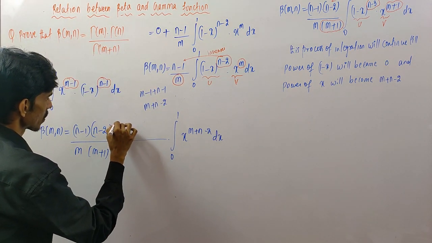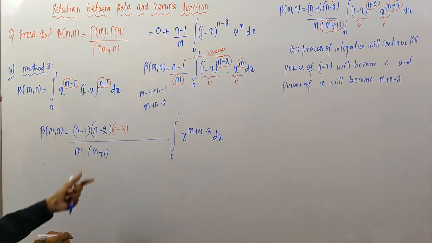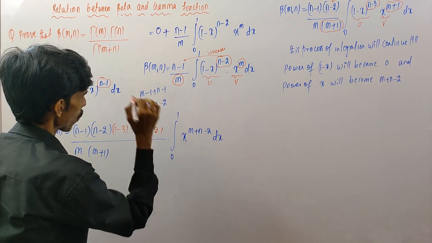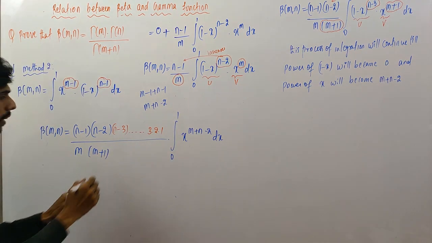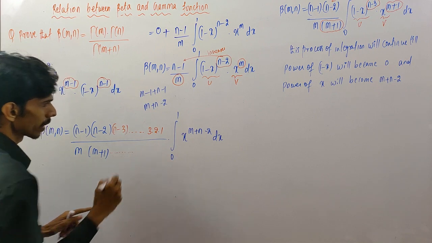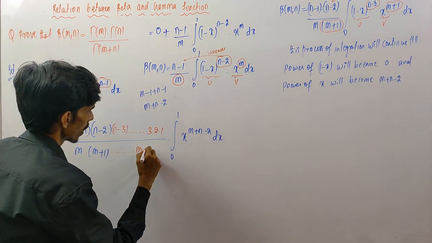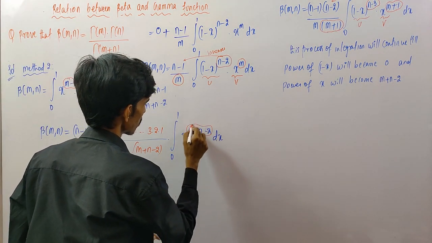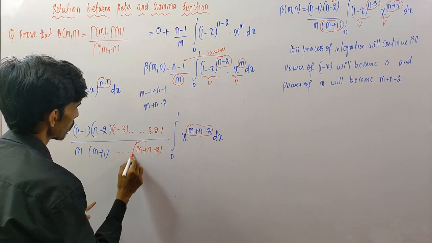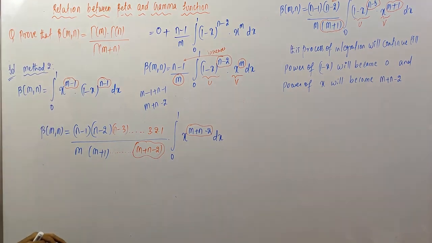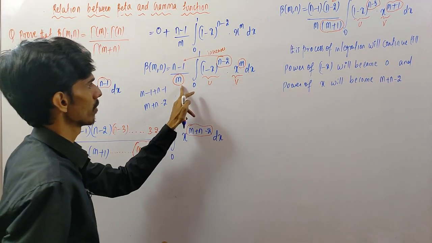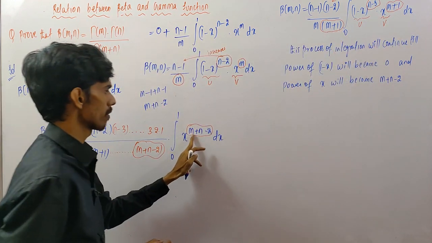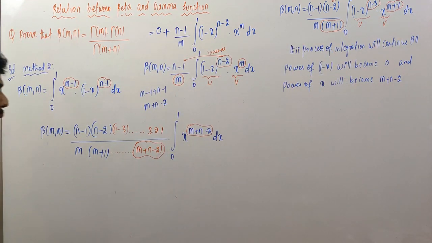Next will be n minus 3. This term will reduce, n minus 3 like that. Last 3, 2, 1, and this will increase. This term will increase till m plus n minus 2. Here we have m plus n minus 2, then we have m plus n minus 2. Same like that. Here if I have m, then we will have m plus 1. So we have m plus n minus 2.